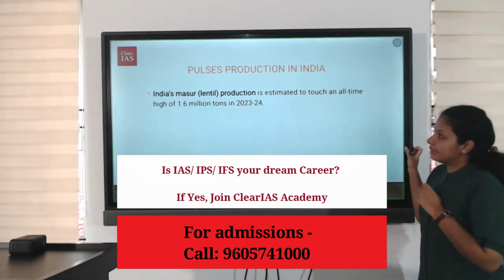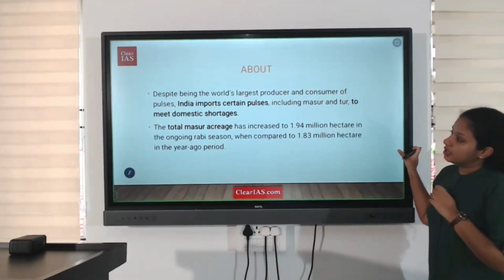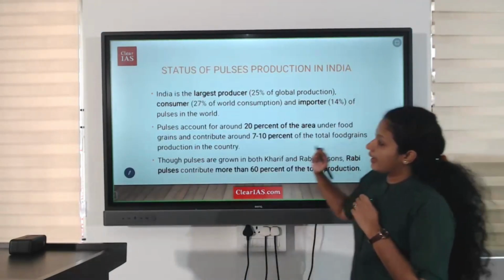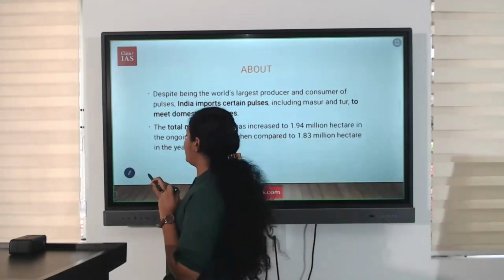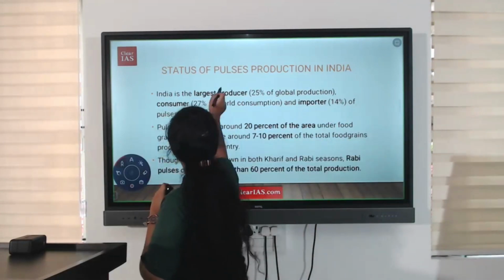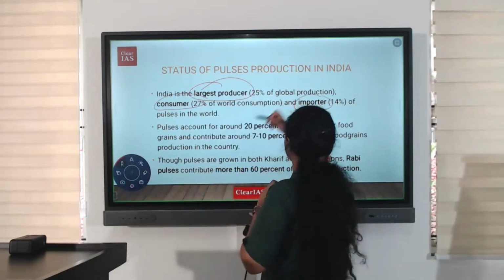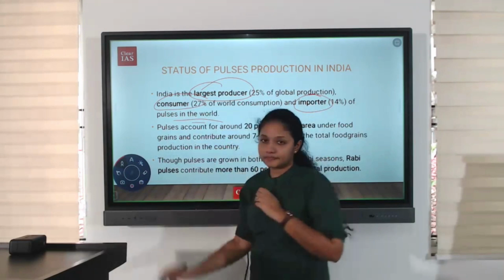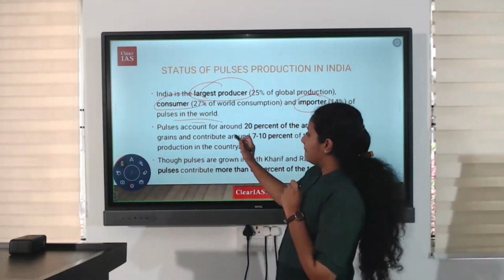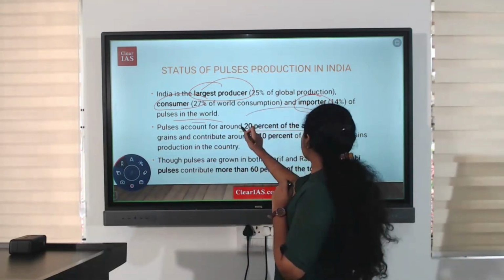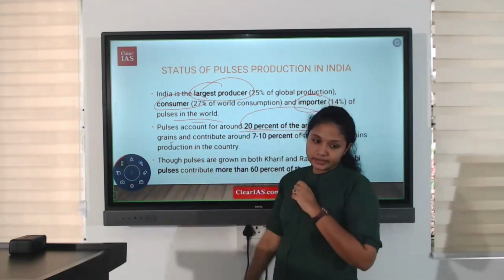Because India is the largest producer and also importer of the pulses in the world. India is the largest producer, consumer and importer of pulses in the world. When we consider area, pulses account for about 20% of the area under food grains.